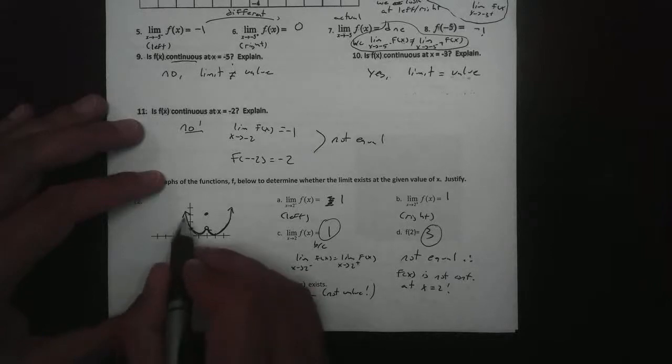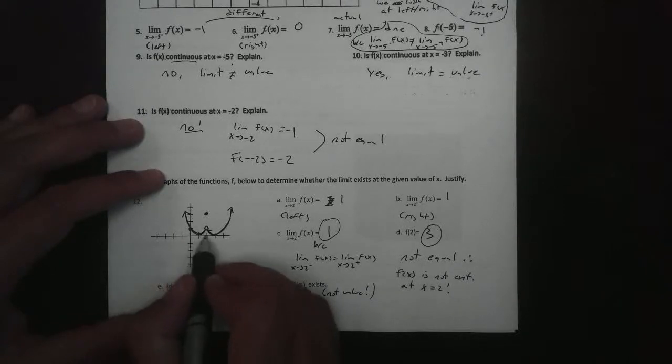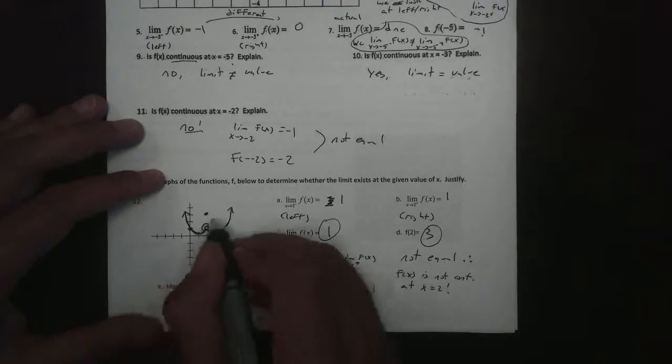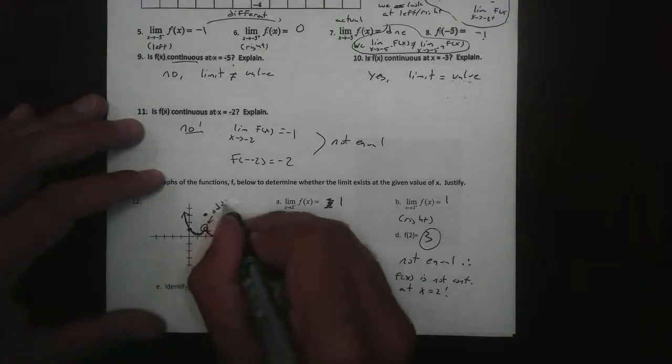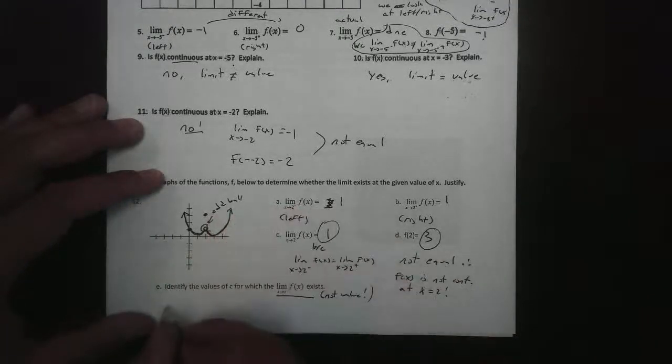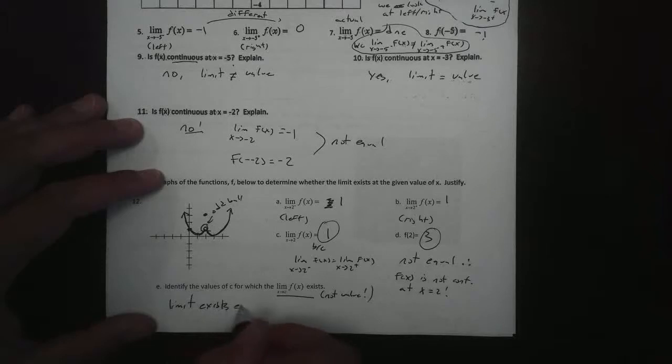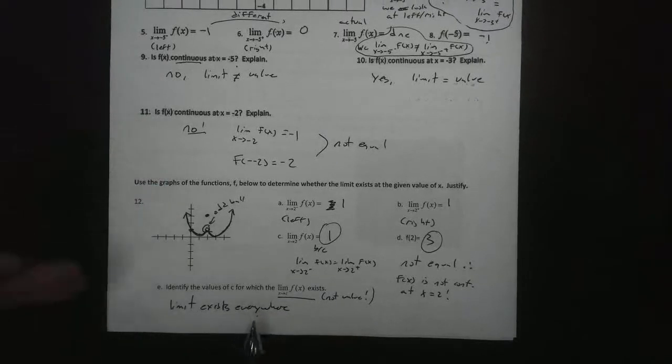This is a tricky question right here. Yeah, I'm approaching a point there. Well, what about here? This is the only weird one. This is the oddball. We can already say that the limit exists everywhere.